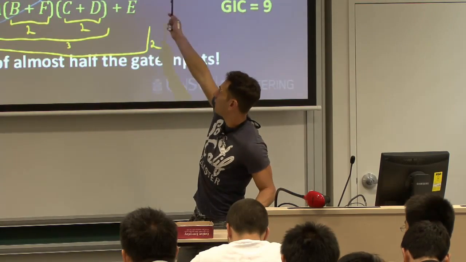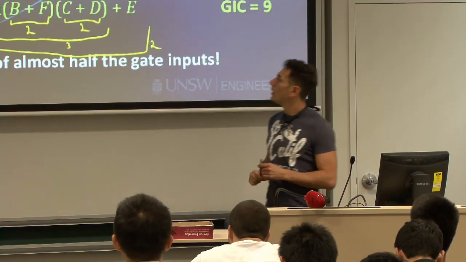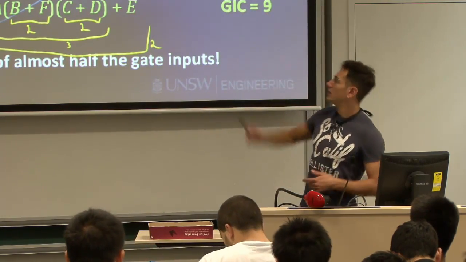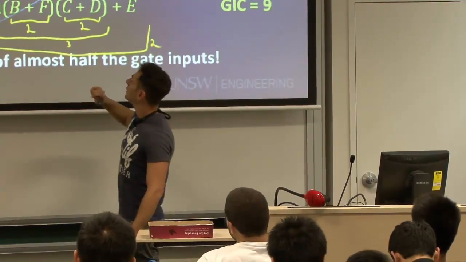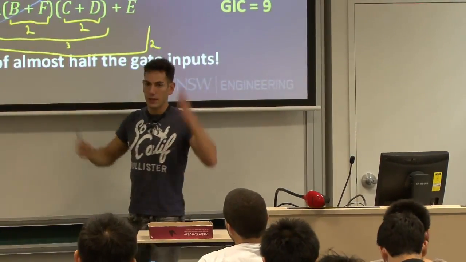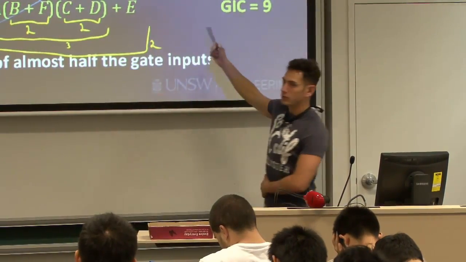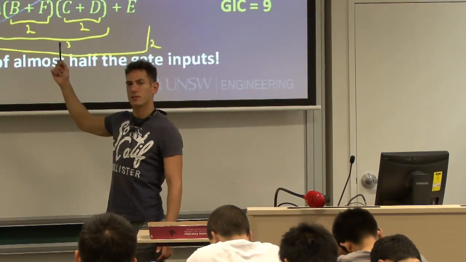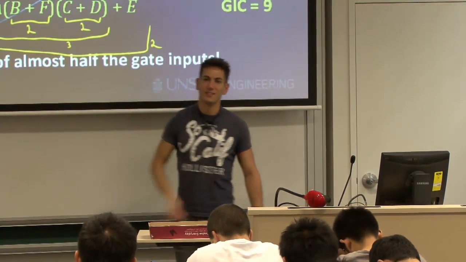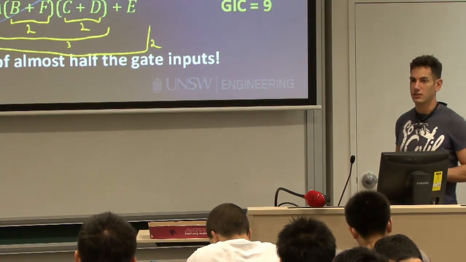So the propagation time will be minimal because you're only going through 2 gate levels. But the gate input cost is actually high, whereas once we start factoring things out, you actually go through several levels of gates. You reduce your gate input cost, but you're trading off the propagation delay. So it depends on what you're optimizing for.